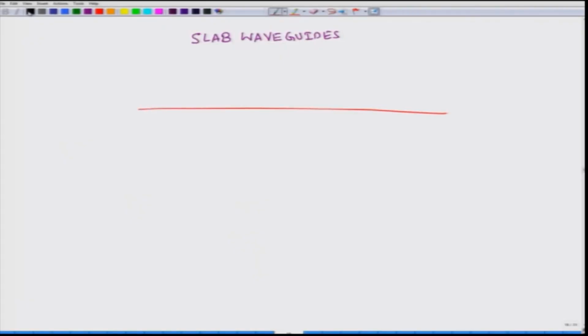Well, before we go to the slab waveguide, let us look at what we have done in the last few modules. We had an interface separating two refractive indices N2 and N1, and we considered the case of N1 greater than N2. So, clearly what we are aiming for is some sort of total internal reflection.